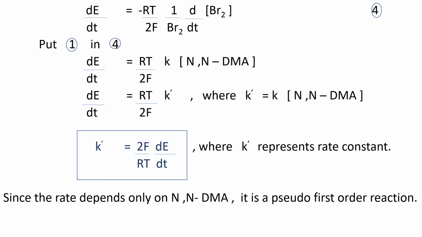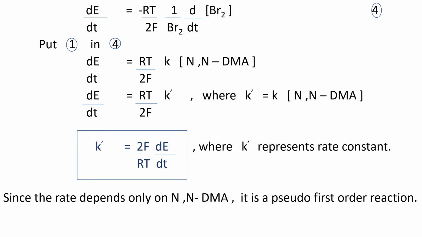Now you put equation 1 in 4. Then you will get dE by dt is equal to RT by 2F K into N,N-dimethyl aniline, that is dE by dt is equal to RT by 2F rate constant into the concentration of N,N-dimethyl aniline.